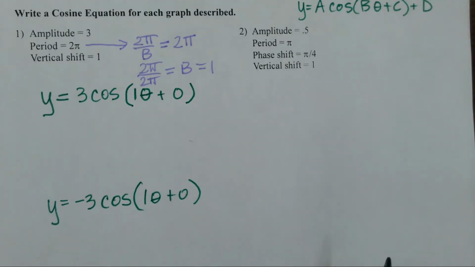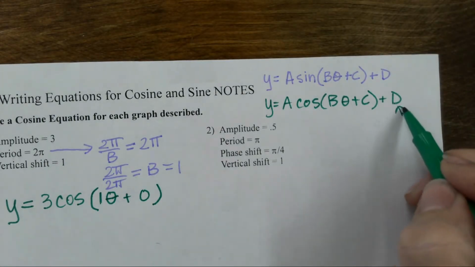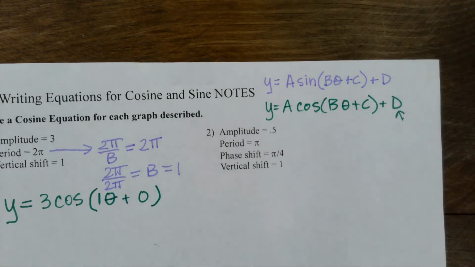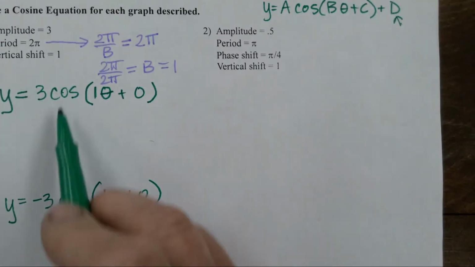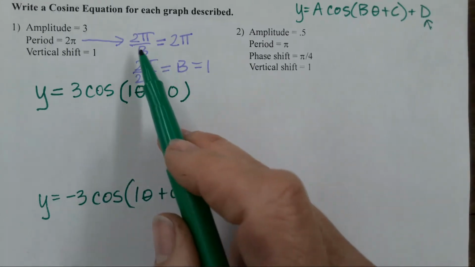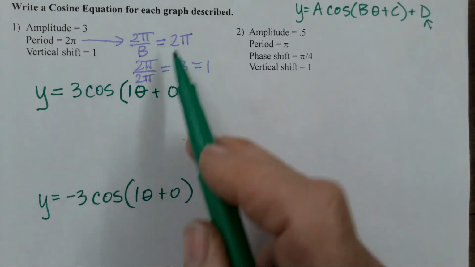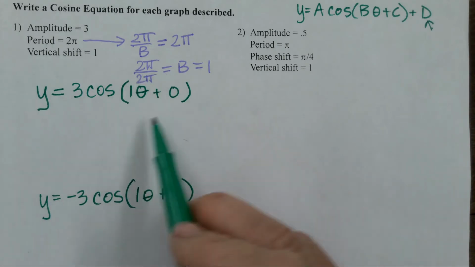And where does the vertical shift come to play in here? And this one's the most straightforward letter of them all. Exactly what the vertical shift is, is exactly what d is. When it comes to the amplitude, which is pretty straightforward itself, remember it's the absolute value. When it comes to the period, I have to mess with the 2 pi over b part of it. When it comes to the phase shift, I have to figure out some other stuff inside of there.